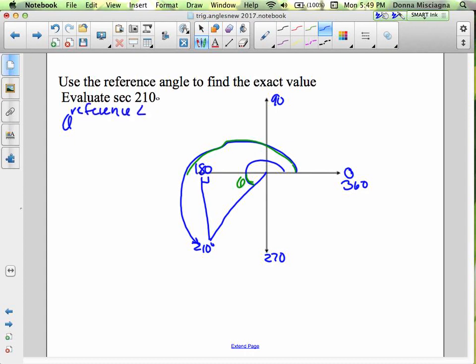Our reference angle theta is just going to be 210 minus 180. So theta is 30 degrees. Theta right here is 30 degrees.